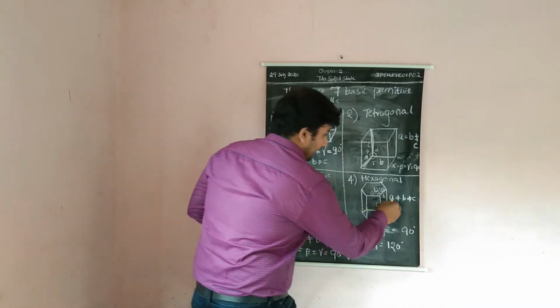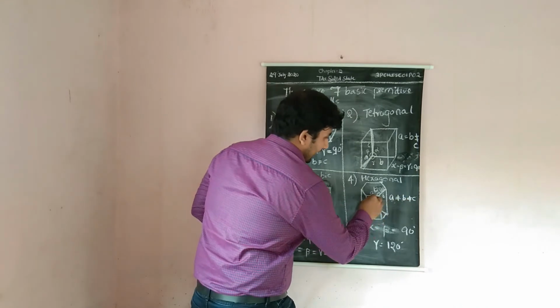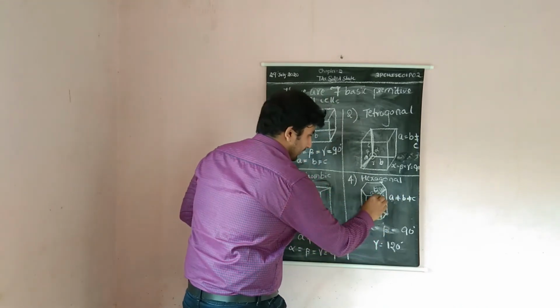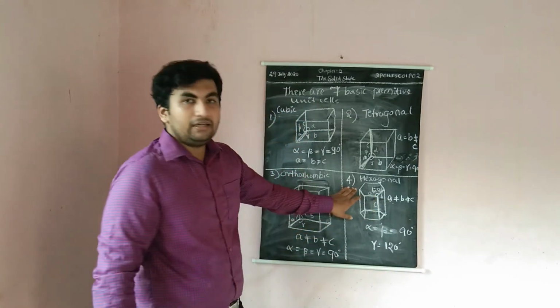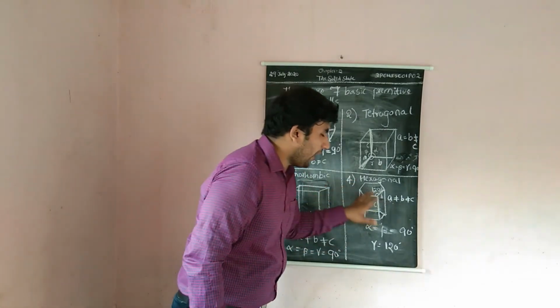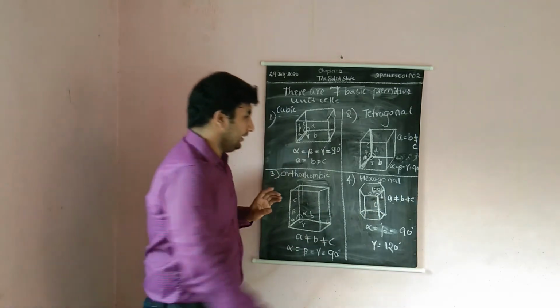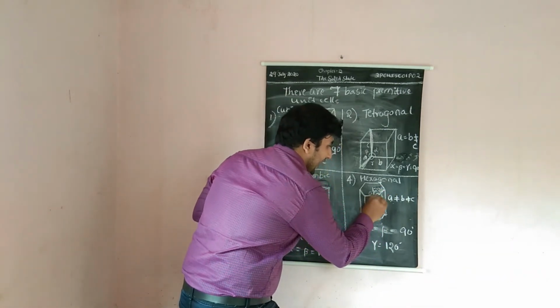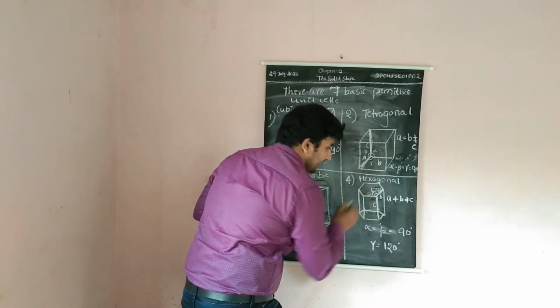See, A is not equal to B, B is not equal to C. But here the difference is one angle must be 120 degrees. See, here gamma angle between A and B is 120 degrees.